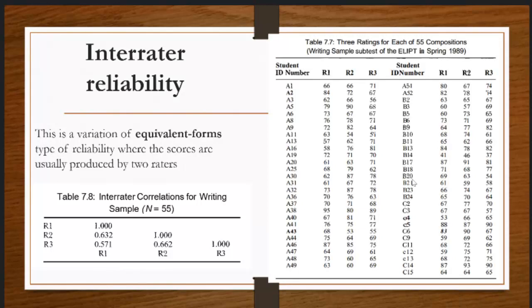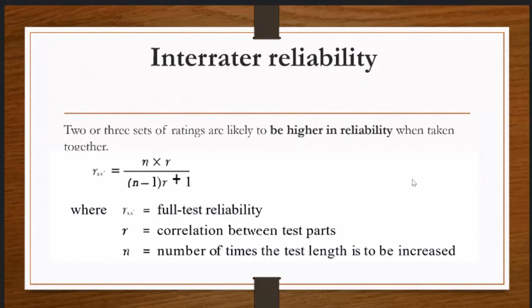So we will compare. As you can see in the table, we have two columns scored by two different raters. This can use Spearman. Two of these types of rating are likely to be higher in reliability when taken together.